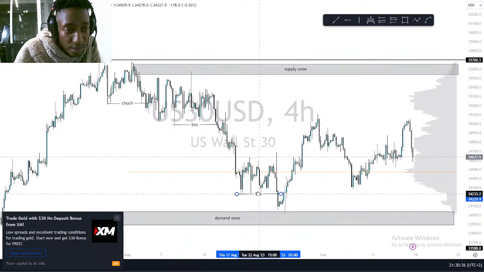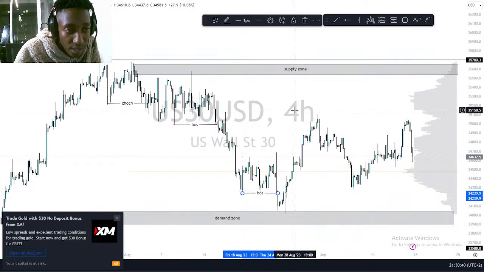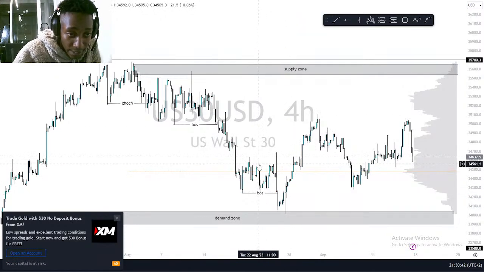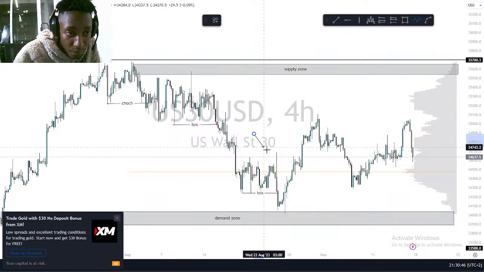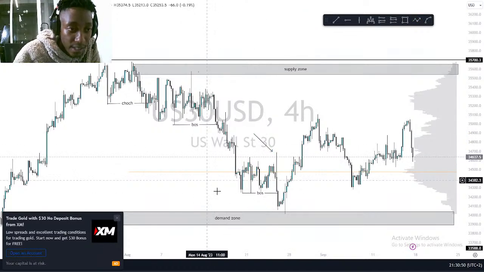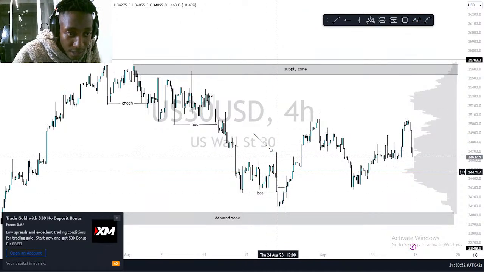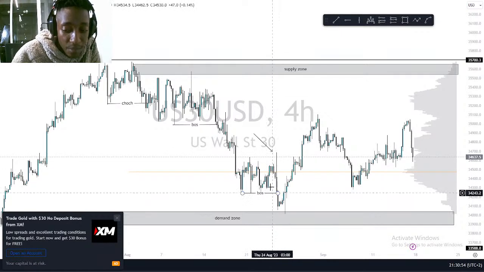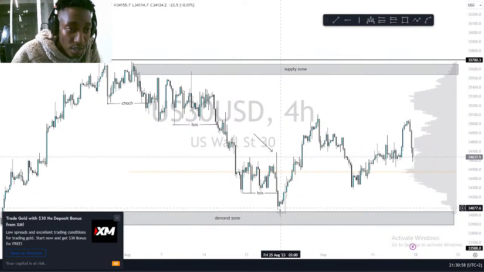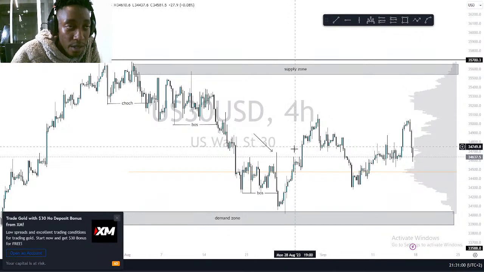The market was breaking structures to the downside, and then from there the market gave us a high here. Instead of continuing to break the lows, it started pushing up and took out that high.